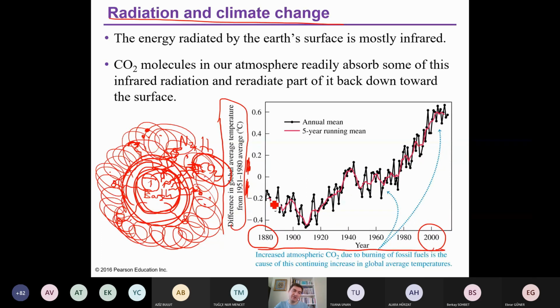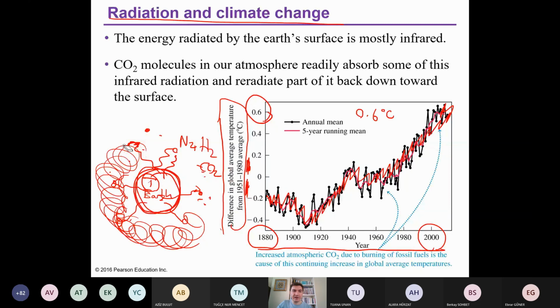The average temperature of Earth increases. Maybe you can say that it is a very small increase, let's say 0.6 degrees Celsius, but actually it matters. It results in very bad situations. So this is the relation between radiation and climate change.